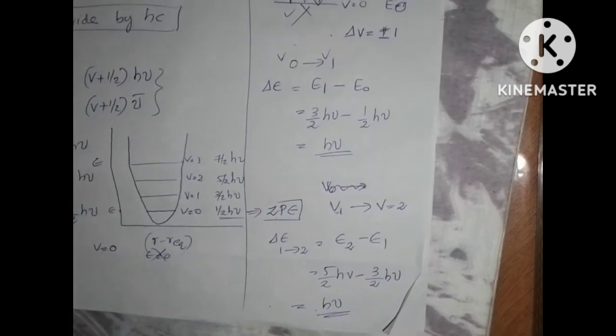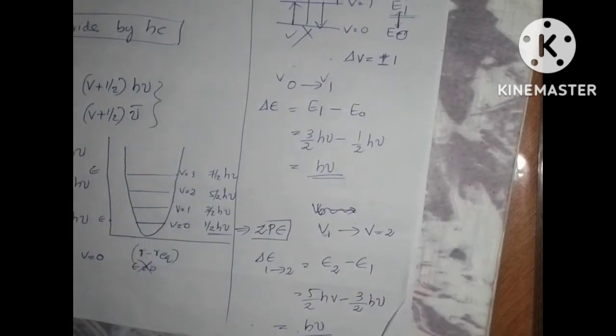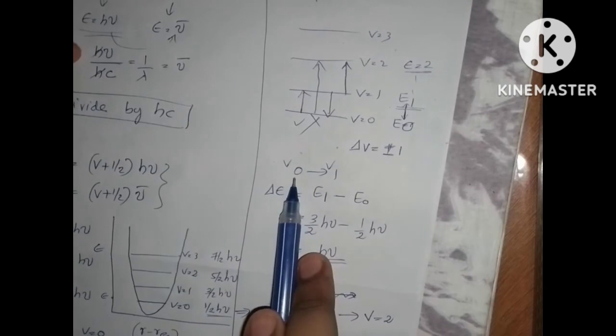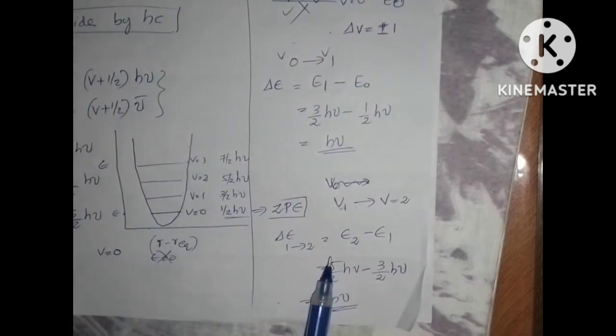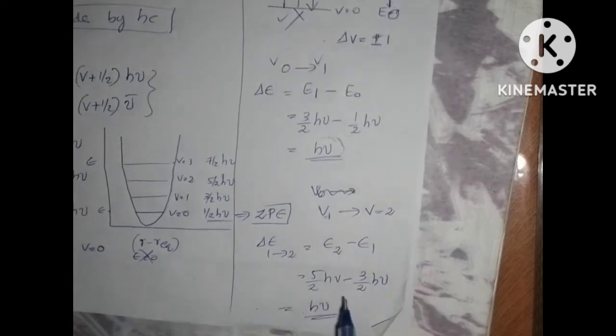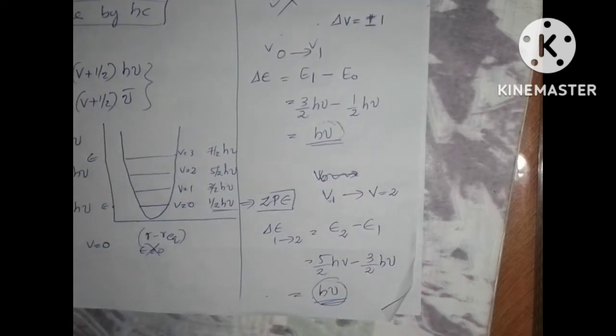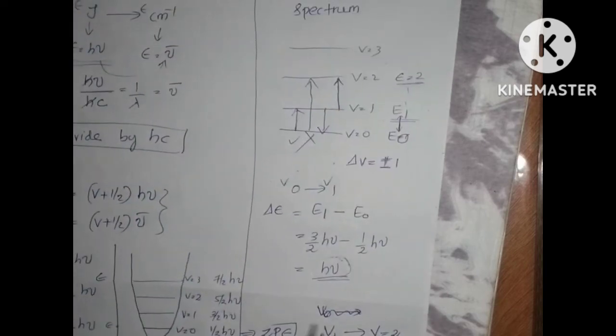From both derivations we can see that whether the transition is from 0 to 1 or 1 to 2, whichever be the transition, the energy needed is always h nu. So the energy needed for a transition does not depend upon the levels in vibrational spectroscopy.